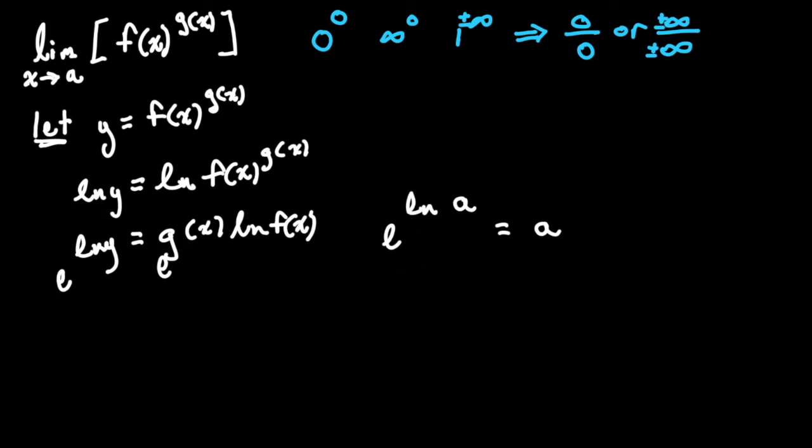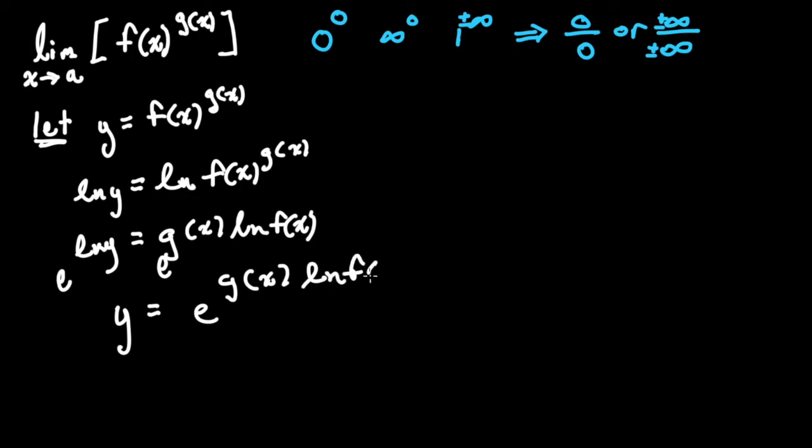And so in that way, we're going to end up with y on the left side of our equation, like so. y equals e to the power g of x ln f of x, where this g of x ln f of x is in the exponent of the e.